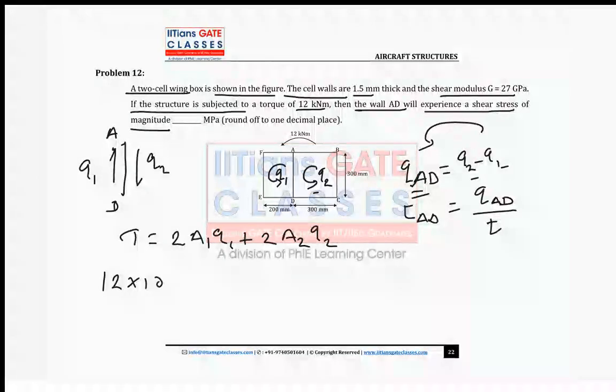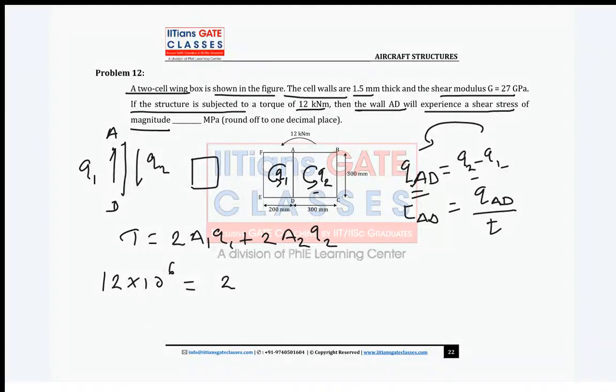So 12 into 10 to the power 6 Newton mm equals, now area. What is the area for cell 1? This is cell 1, right? So what is the area?